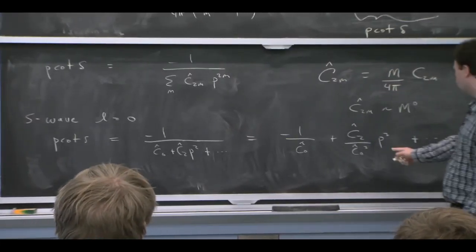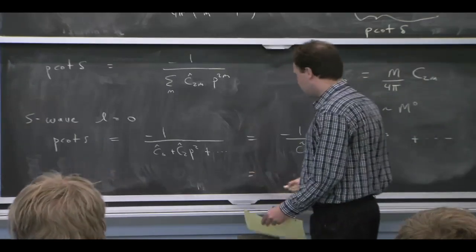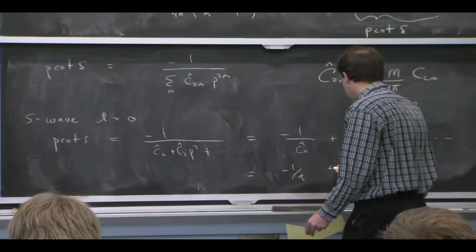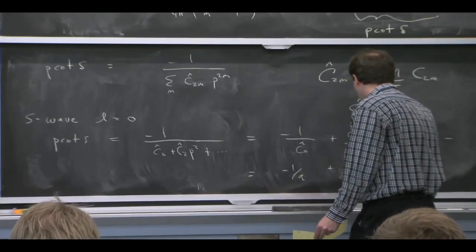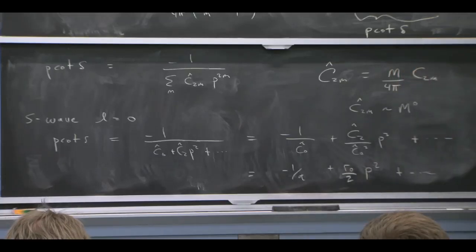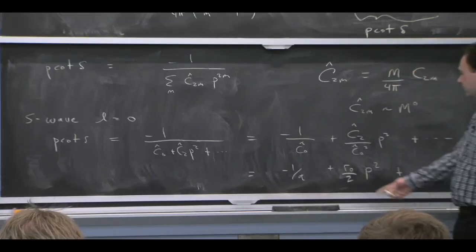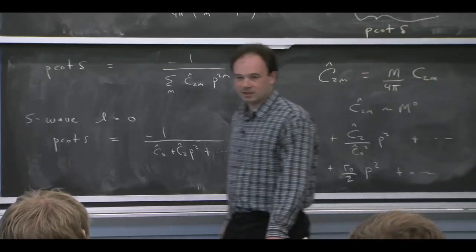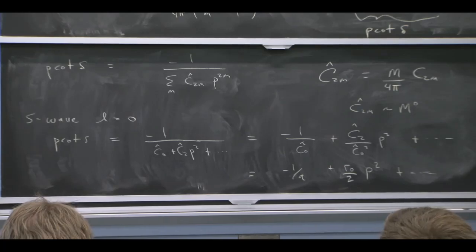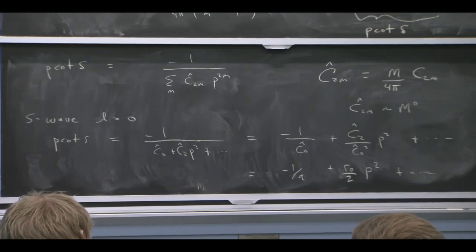And this is what the Taylor series looks like. And this has exactly the form that we wanted. This is some constant 1 over a, which is the scattering length, some constant times p squared, which is called the effective range. And we see that expansion coming out. And we never had to specify what the potential was, because the effective theory was agnostic to what the potential was. That's the whole power of effective theory, that you don't need to know what the particles were that you were integrating out. They just give you some values for these coefficients. And those values exactly become the effective range and scattering length in this theory.